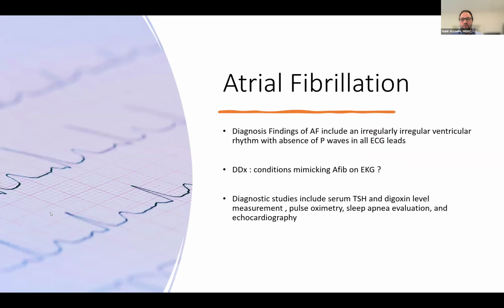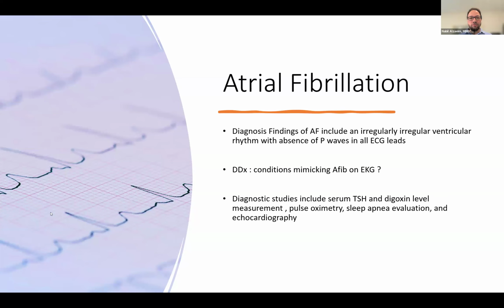We're going to start with one of the most common and clinically significant cardiac arrhythmias, which is atrial fibrillation, or AFib. AFib is not just a rhythm problem, it's a condition that has wide-ranging implications for our patients' health, from increased risk of stroke to heart failure.